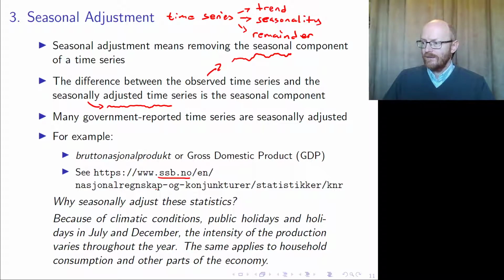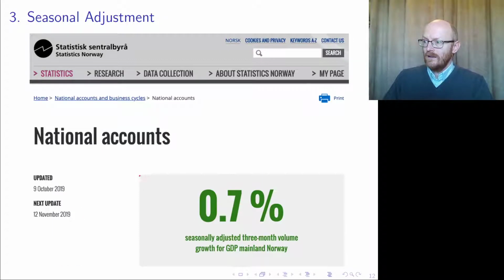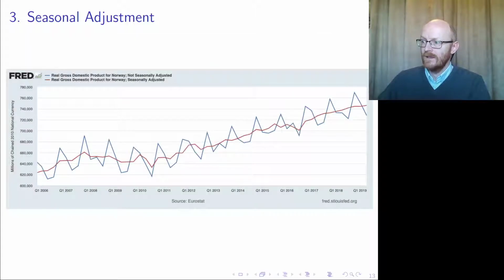So, for example, in the national accounts, you get the seasonally adjusted 3-month volume growth for GDP of mainland Norway, because each and every reader of this statistic should not have to adjust the number for seasonality. So they have done this for you.